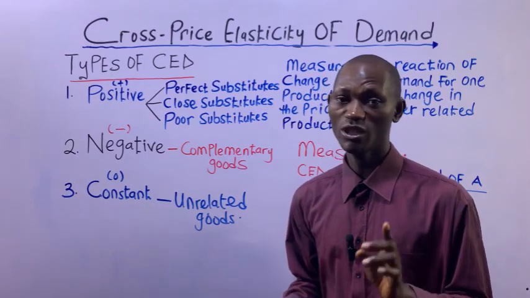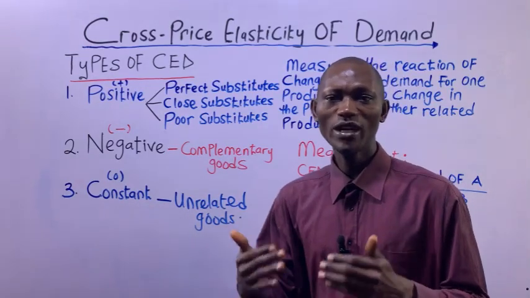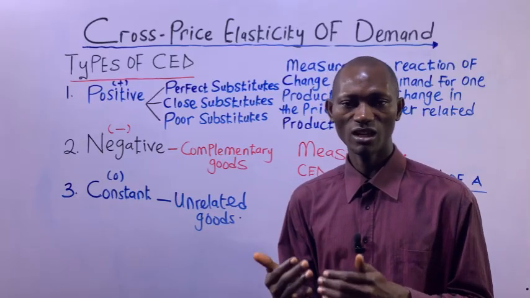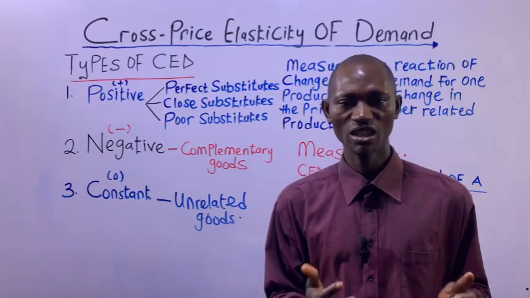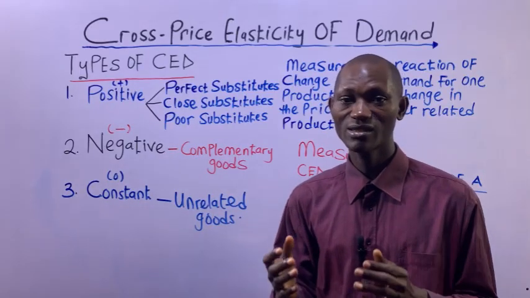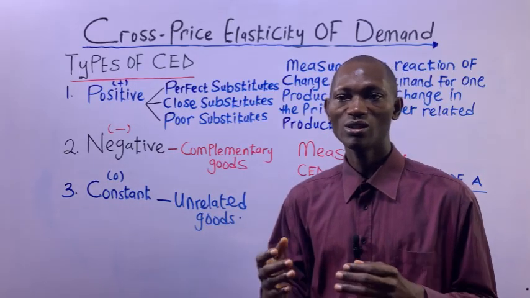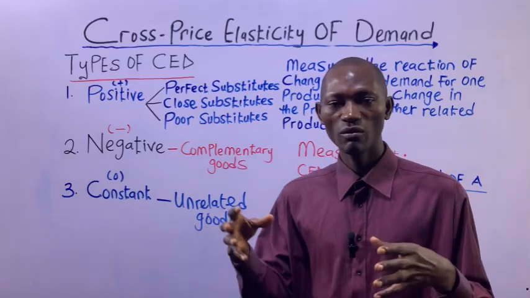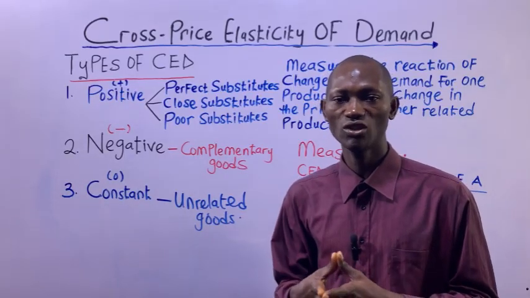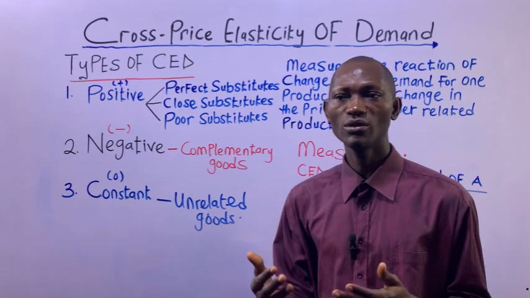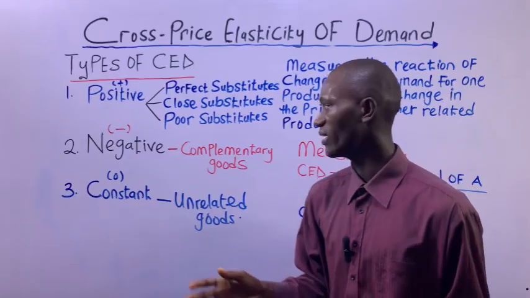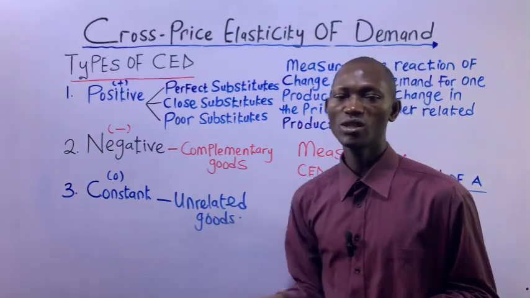It's very important, because while you're interpreting the cross price elasticity coefficient you've gotten for a question being given, your interpretation matters a lot. Your coefficient must match up with the interpretation for you to be able to say you deeply understand these concepts very well. Right. So let's start off with perfect substitute.